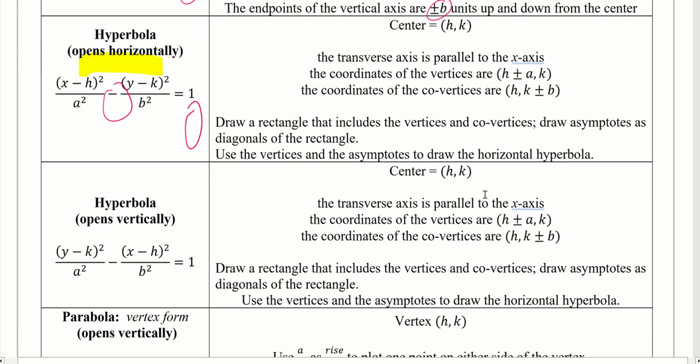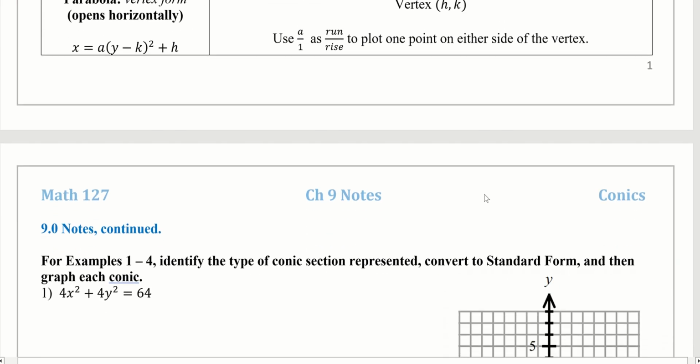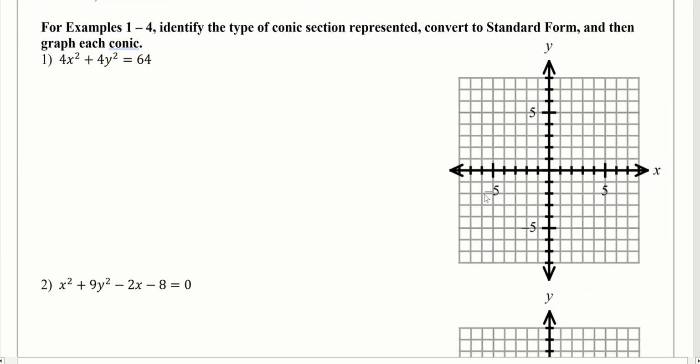Okay, so let's jump into it. Again, please pause it and read over some of those highlights there. On this first one, we're going to go through and solve it out. Now, what does this shape look like?